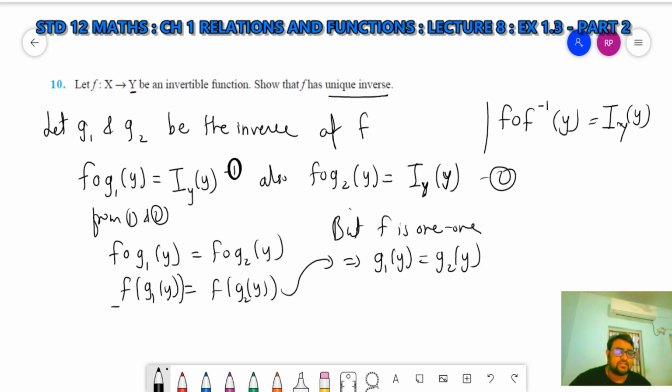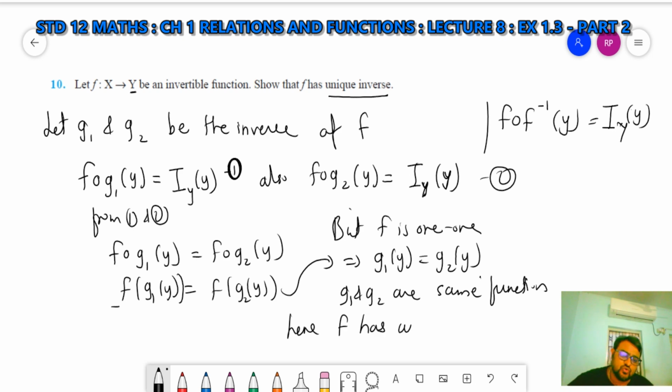So see, that means g1 and g2 are the same function. That means the inverse is the same. Hence, f has a unique inverse. Okay. So that was about question number 10. So just note it down.